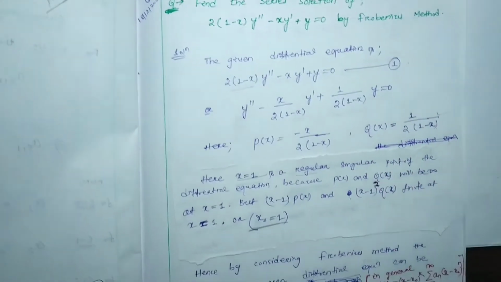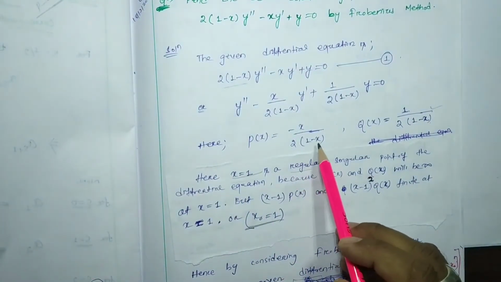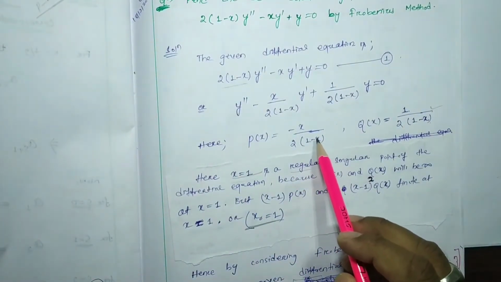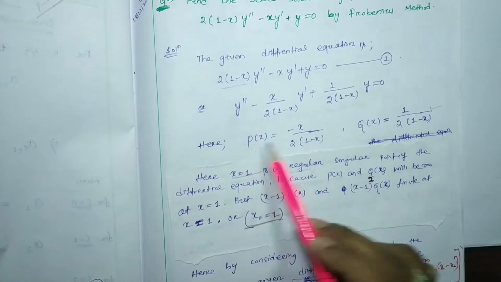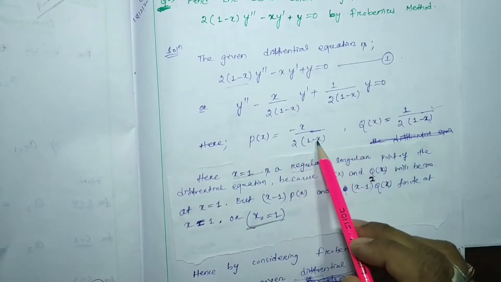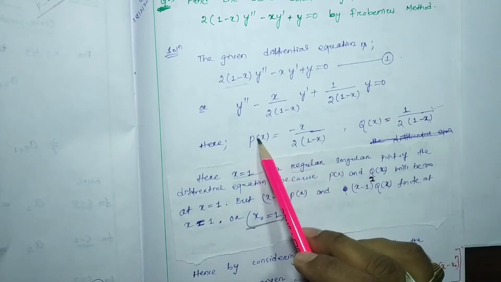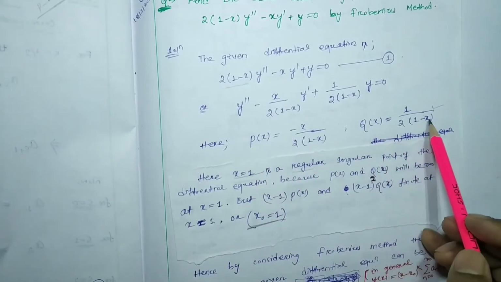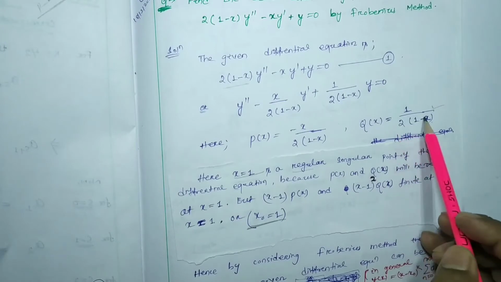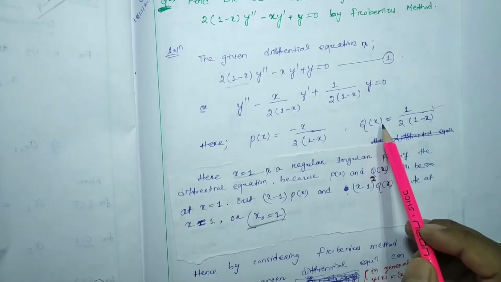Here you can see that if we consider x equal to 1, then p(x) will be infinite, because the denominator of p(x) will be 0, and here also the denominator is going to be 0, so q(x) also will be infinite.